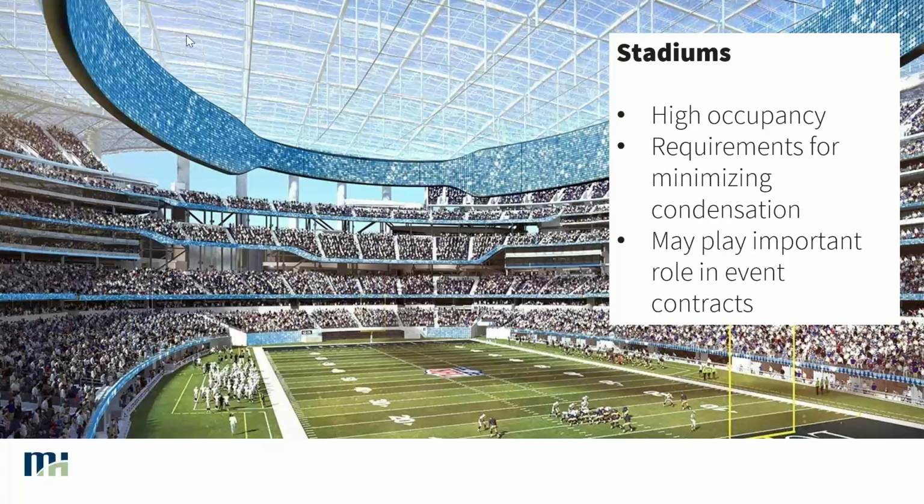And that could play a very important role for certain of these stadiums, because that may impact contracts for different events that are held there, right? They're not typically owned specifically by the sporting leagues themselves. So you have lots of other events that can occur in there, and they don't want to have to deal with dripping water on everyone. So that may be a stipulation in their contracts to hold those events.